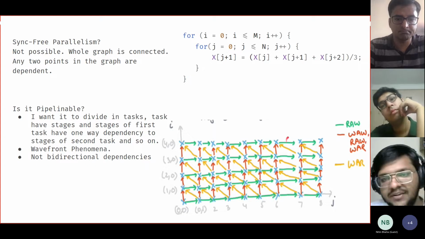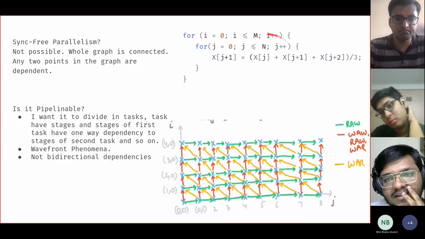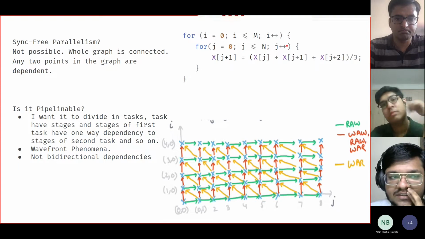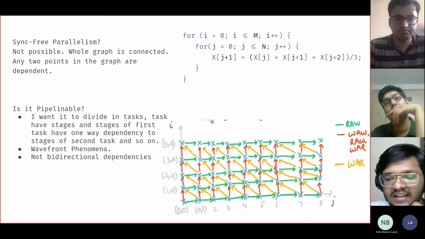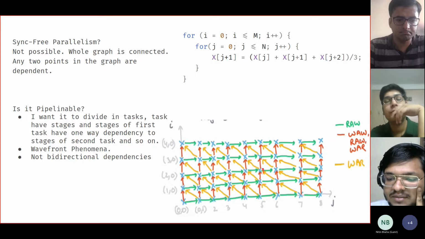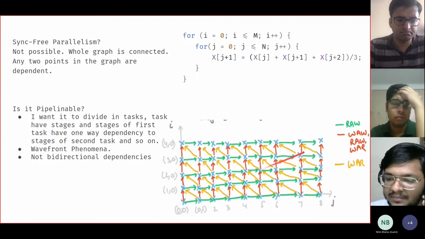If we try to apply sync free parallelism here, and take any two points, say this corner point and any other middle point, we can see that these two points are dependent on each other.